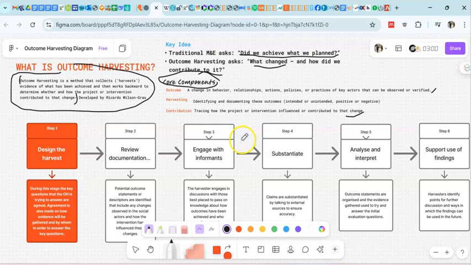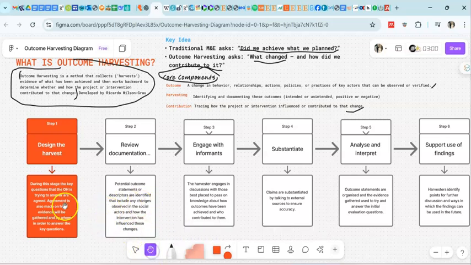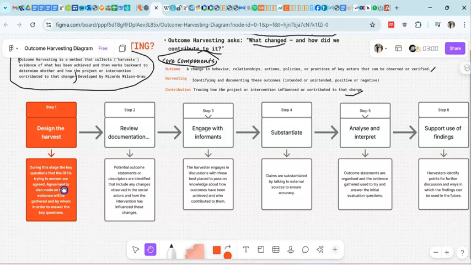Outcome harvesting has six different stages. Let's look at them one by one. The first stage is design the harvest. In this stage, what do we need to prepare?